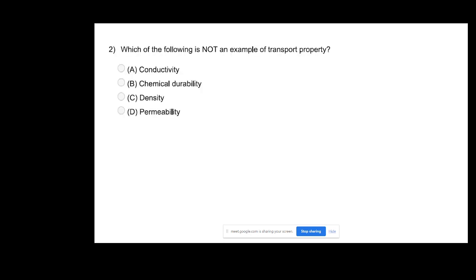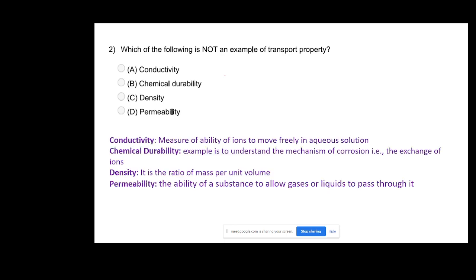Next question is, which one of the following is not an example of a transport property? Transport property, as the name suggests, is due to the motion or the transfer or transport of any material or molecules. If we look at the definitions, conductivity is the measure of the ability of ions to move.